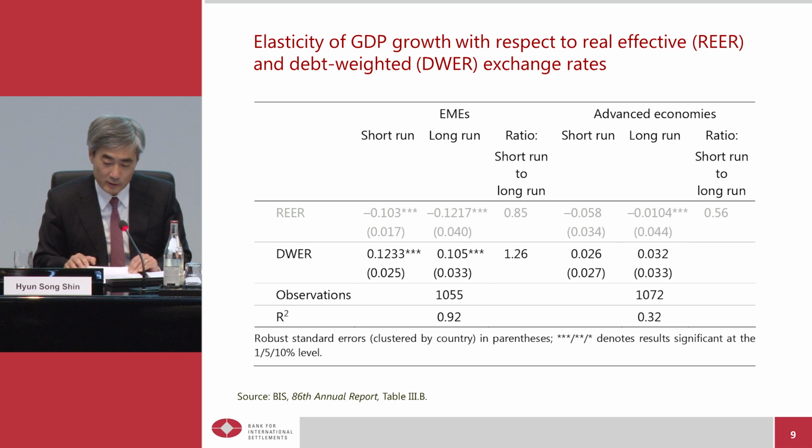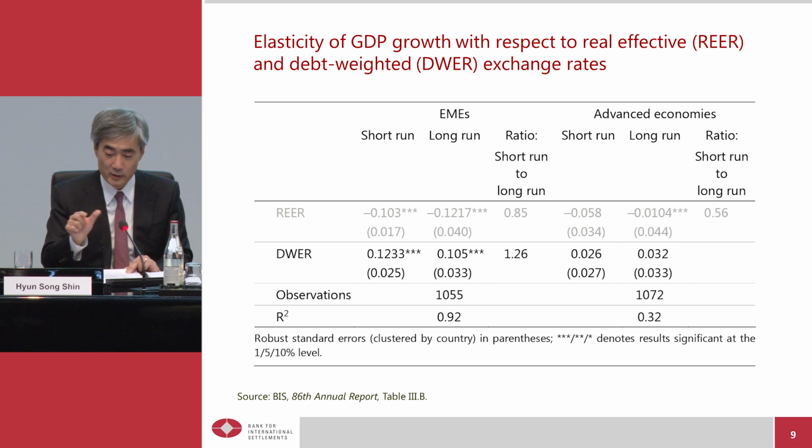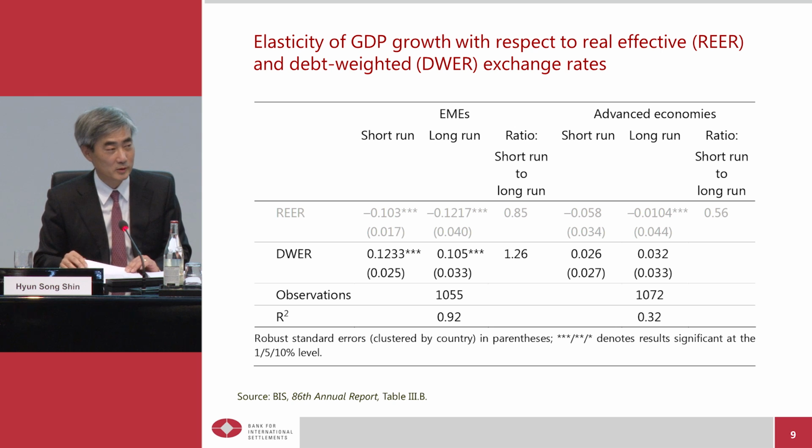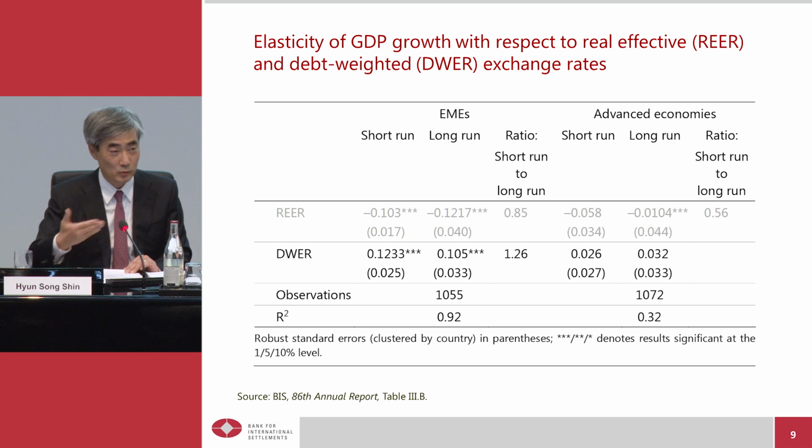There's another element to this, which is that there are two elements. The first is that it only works for emerging economies. It doesn't seem to be there for the advanced economies. For the advanced economies, it's mainly the trade-weighted channel which seems to be at play. But for the emerging economies also, there's a difference between the short-term effect and the long-term effect.